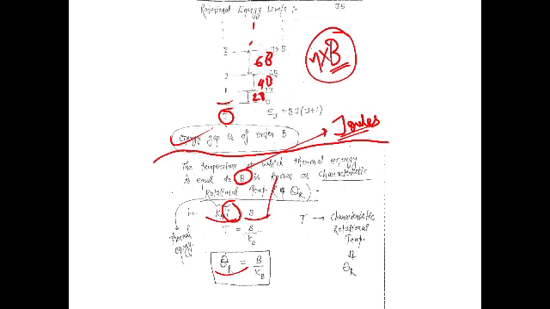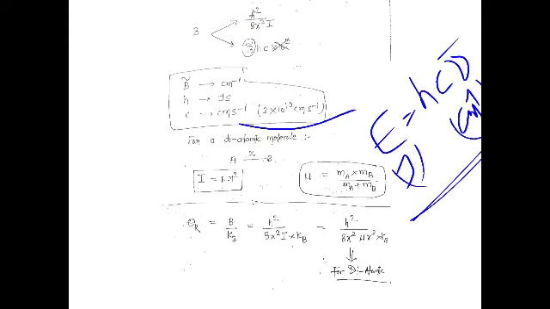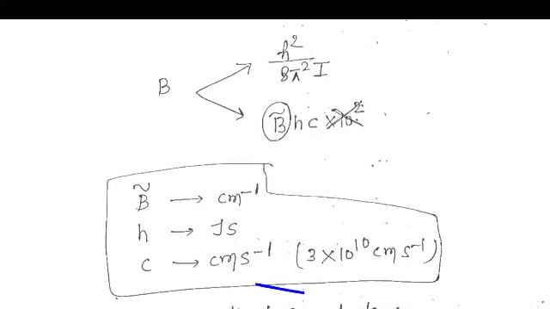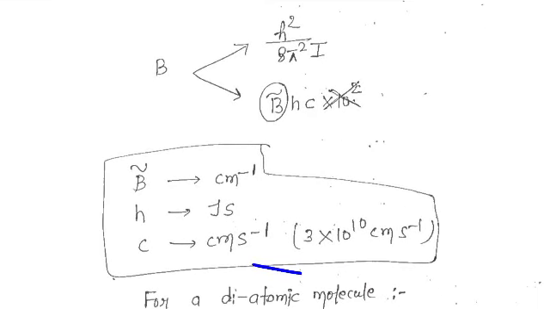Okay, so now, what we had done so far is that B can be represented in joules or in centimeter inverse. In centimeter inverse, we write a sign on top of the B so that we can know it is in centimeter inverse.